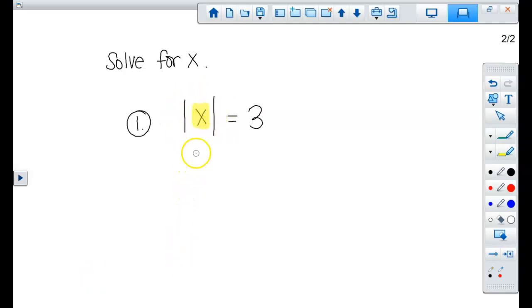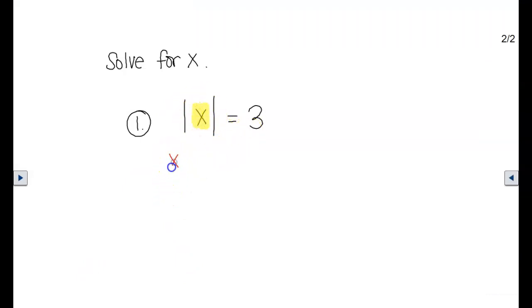So when this equation says the absolute value of x is equal to 3, what it's really saying to you is that x is 3 spaces from 0 on a number line, okay?